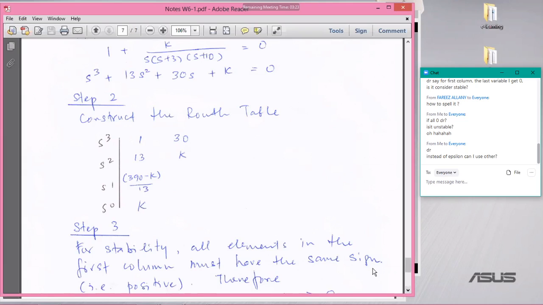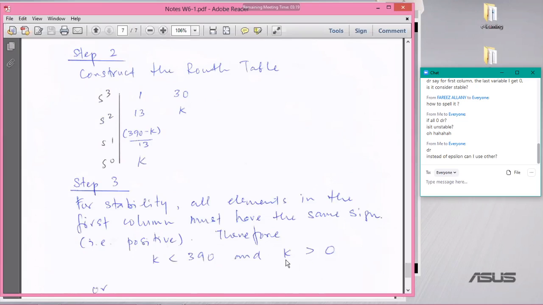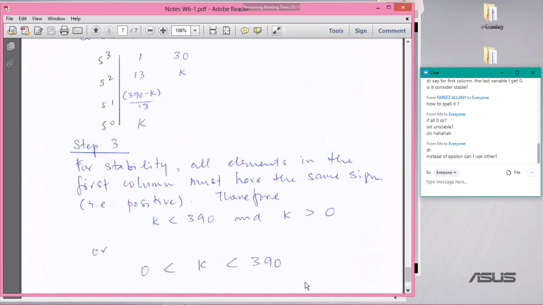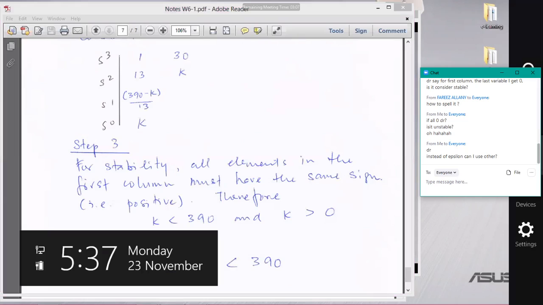So for stability, you want k to be greater than 0 and less than 390, or you can put that as an inequality. So this is for stability. K must be between 0 and 390.